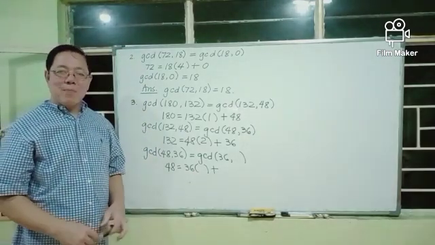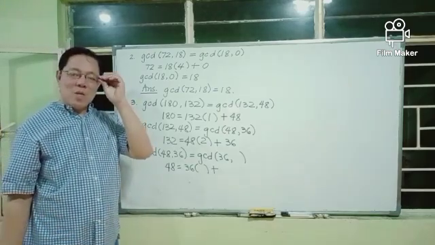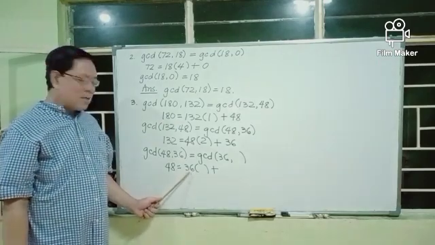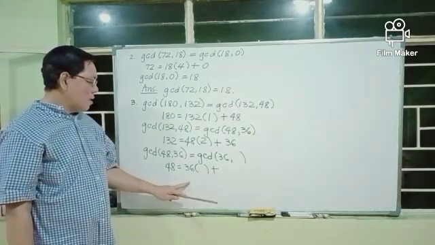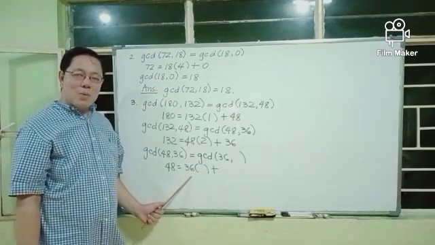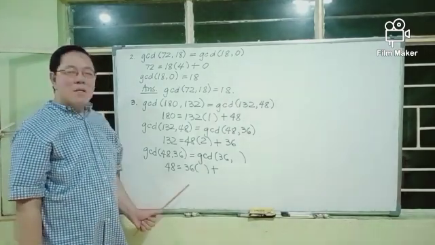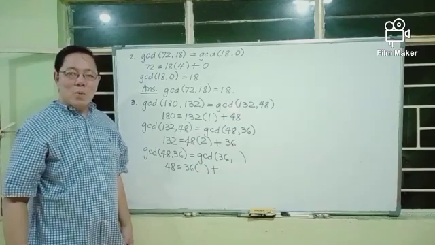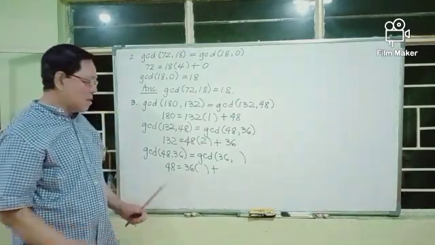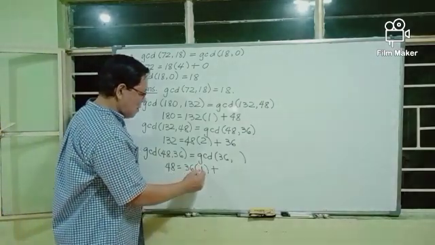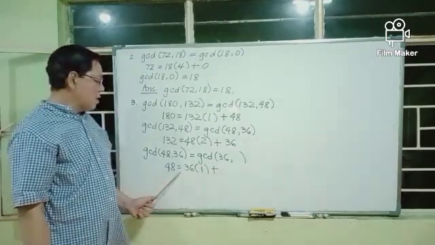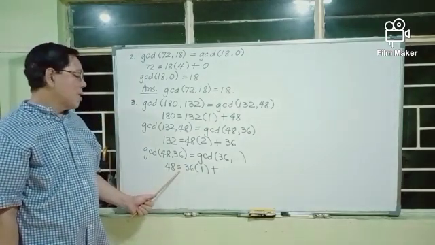Now we think of the greatest positive integer which, when you multiply it by 36, the product is less than or exactly equal to 48. If we multiply 36 by 2, that's 72, and 72 is greater than 48. So we cannot take 2, we take 1 multiplied by 36. 36 is less than 48. And we must add a constant here to keep the equality sign.